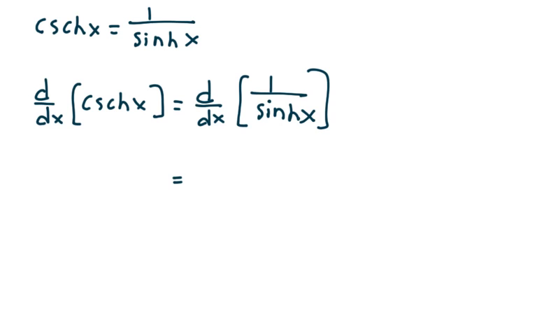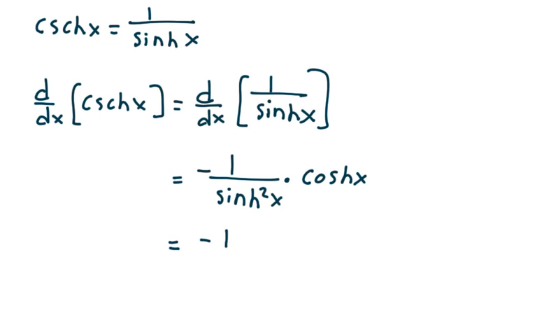But this is, by the chain rule, negative 1 over sinh squared x times the derivative of sinh x. So sinh x is my inside function. So I have to multiply it by cosh x.